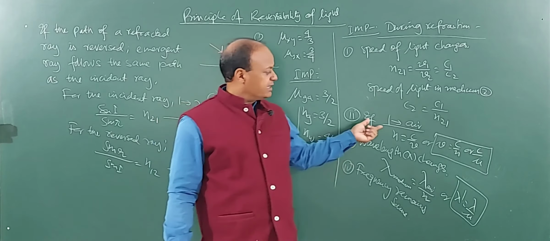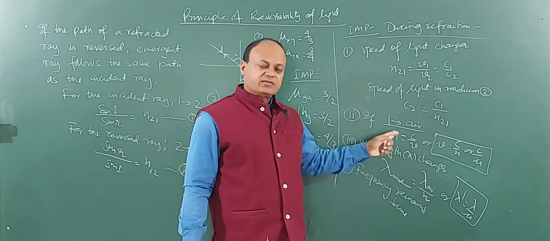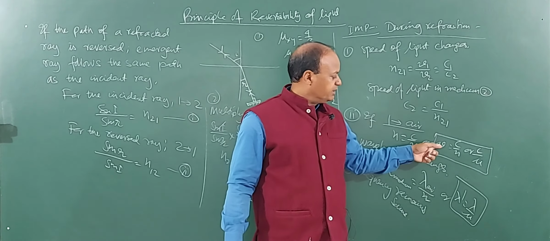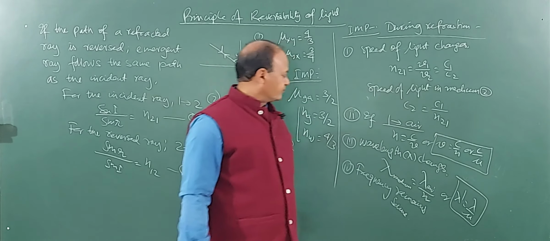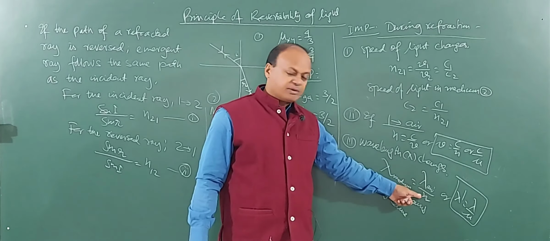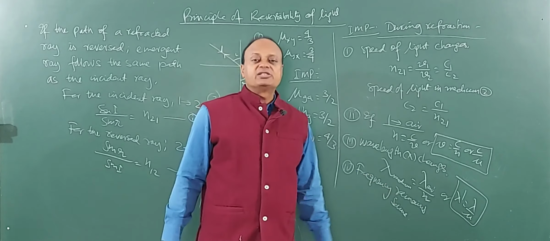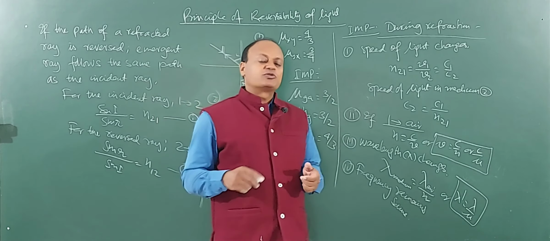If medium 1 is air, then you have a direct formula, n is equal to C by V, where n is the refractive index of the medium, or speed in a medium is equal to speed in air divided by refractive index of the medium. Wavelength will change. Wavelength in medium is wavelength in air divided by refractive index, but the frequency remains same. Frequency of light will remain same as it goes from one medium to another.